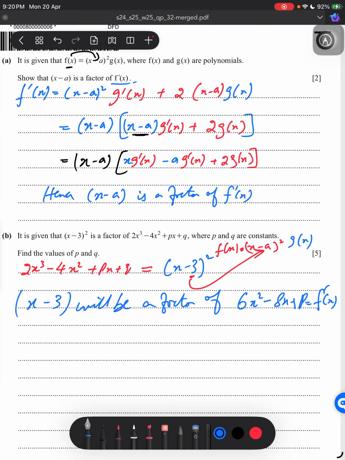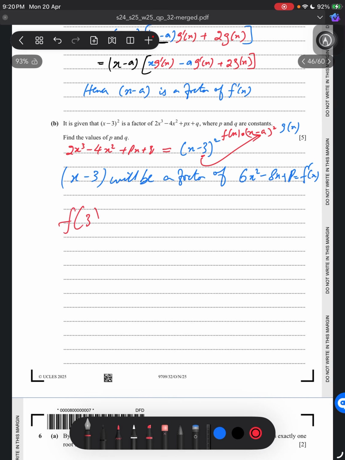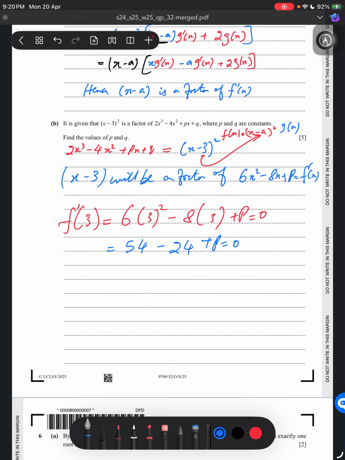So if we have the value of function as 3, let's plug it in this. So instead of x, we would just plug in the value 3. So we would just have 54 minus 24 plus p equals to 0. This would give us the value for p as minus 54 plus 24.